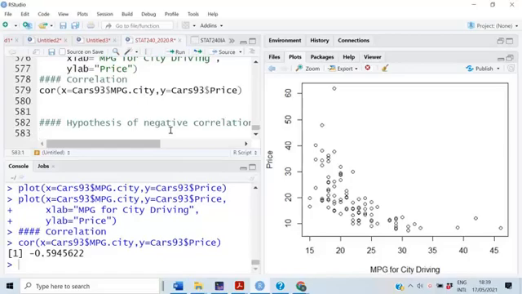So my H0 now will be that rho is equal to 0. That is no correlation. Of course, rho is what we use to represent the population correlation, then r will be the sample correlation. So what is my H1? It is rho less than 0. Because of this, I could have also stated H0 as rho greater than or equal to 0. That's also accepted, because I will also reject this if it is equality or greater than.